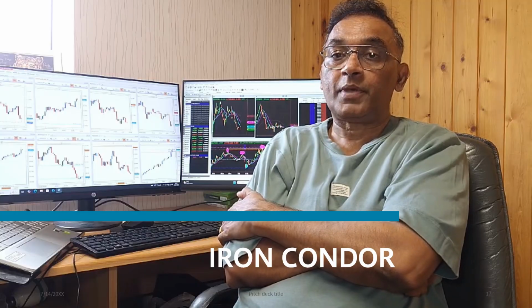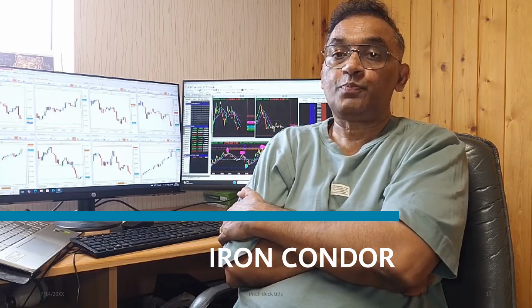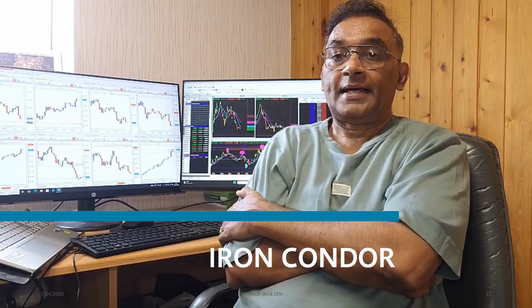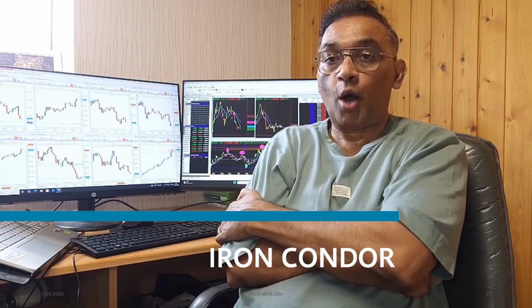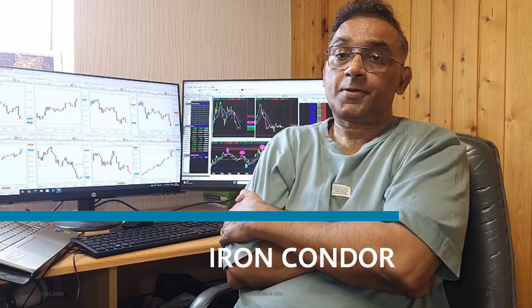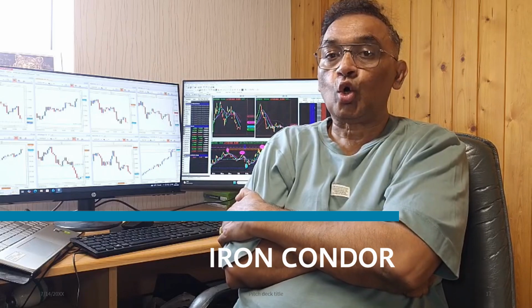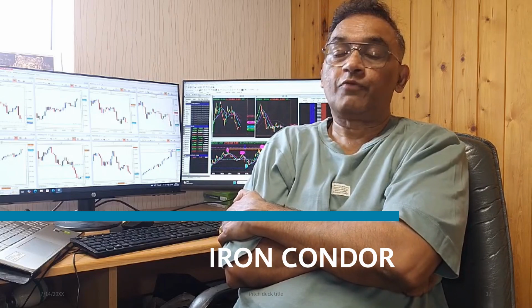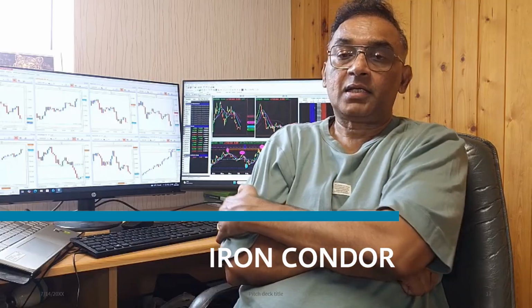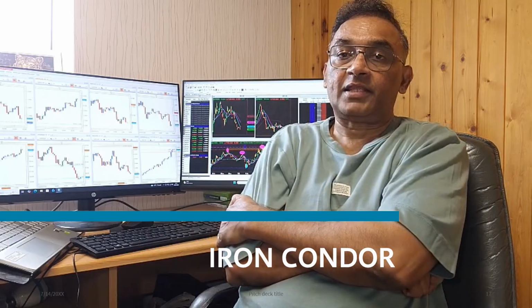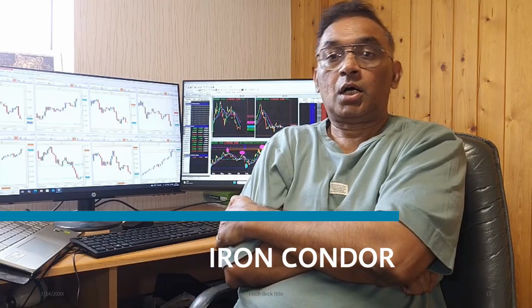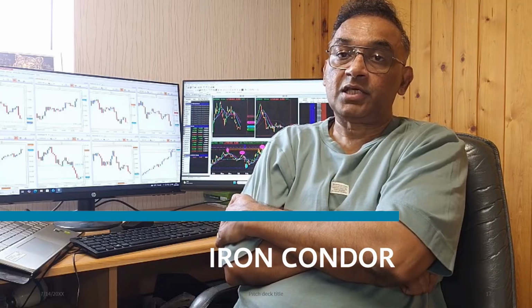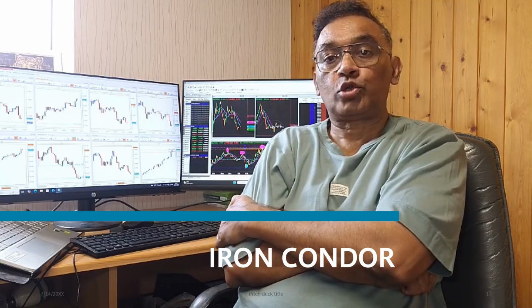The first one being the long deeper OTM call option, and the second one is the long deeper OTM put option. This is the iron condor that we talked about last week or week before last, and one can also say that this is a combination of a bull put strategy with that of a bear call strategy.